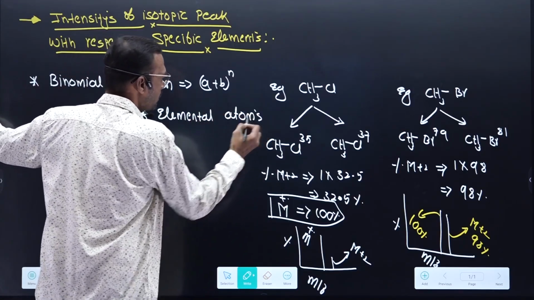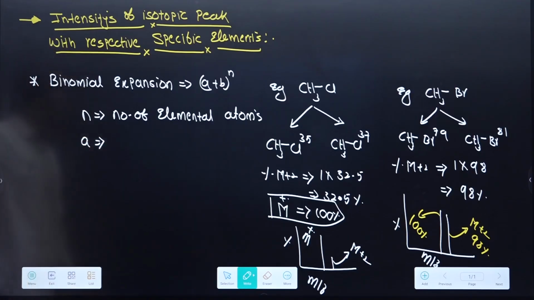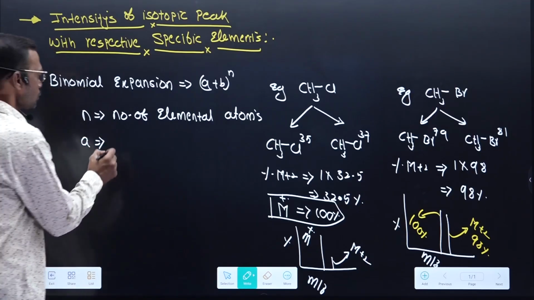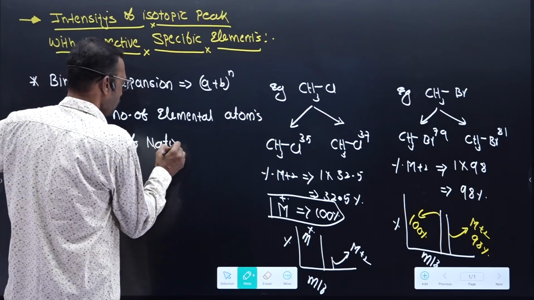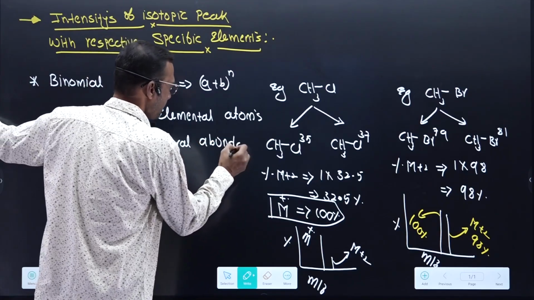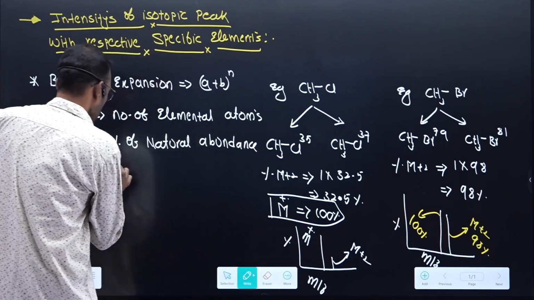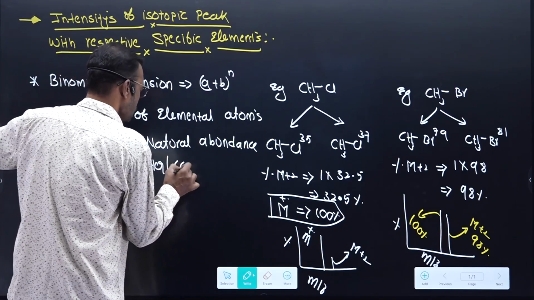How many such elemental atoms are present? Now A is the natural abundance of the lighter isotope, the percentage of natural abundance. Here lighter is nothing but the common isotope.